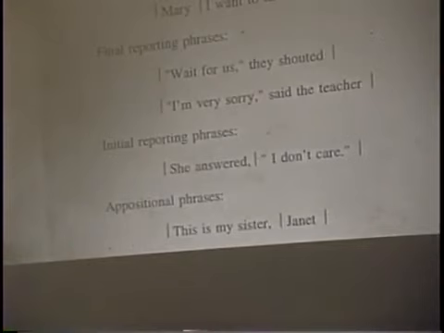So, for example, if I have a sister and she happens to be called Janet, I might introduce you to her like that. This is my sister, Janet. My sister and Janet are the same person, and in that sentence, my sister and Janet are fulfilling the same syntactic function.